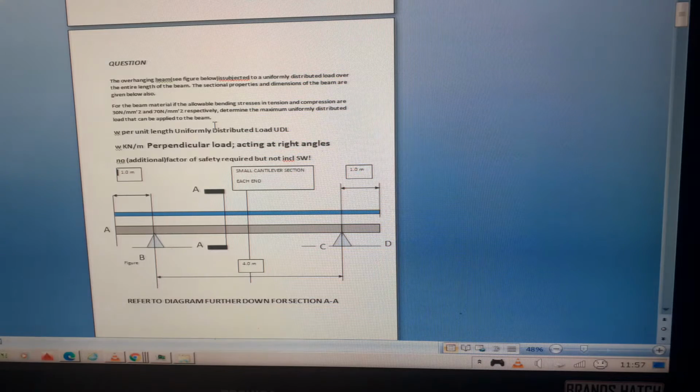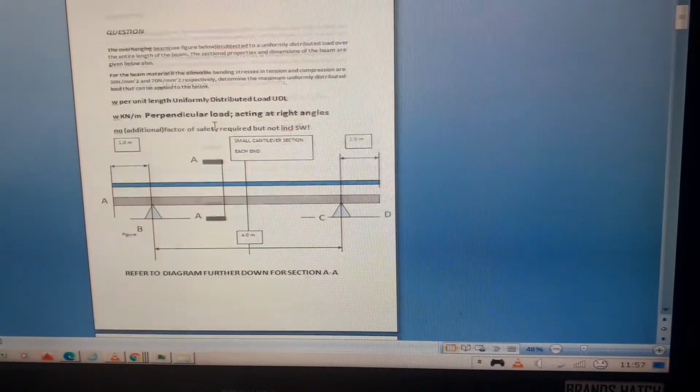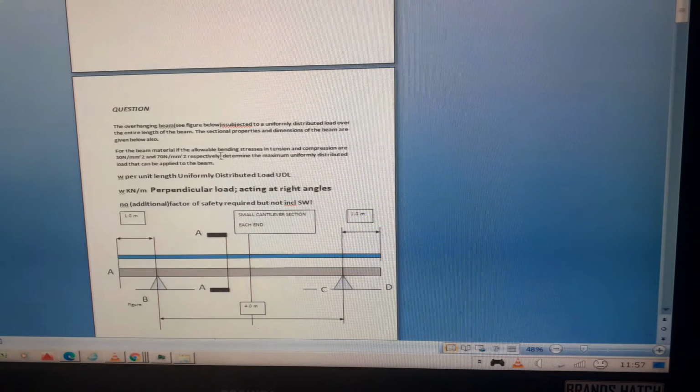So we know that this beam can carry 30 newtons per millimetre squared in tension and 70 in compression.